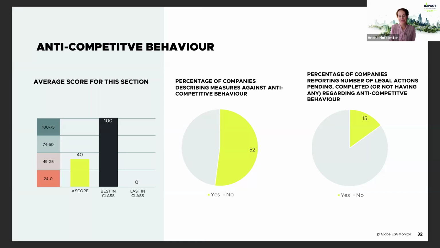And then when we go deeper and ask for more details, that shrinks. It is the percentage of companies reporting the number of legal actions pending, legal actions completed, or not having any. So all the possibilities here regarding anti-competitive behavior, and this is only reported by 15% of the companies.